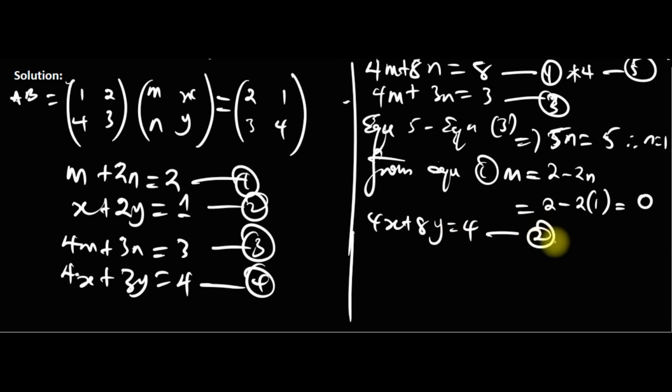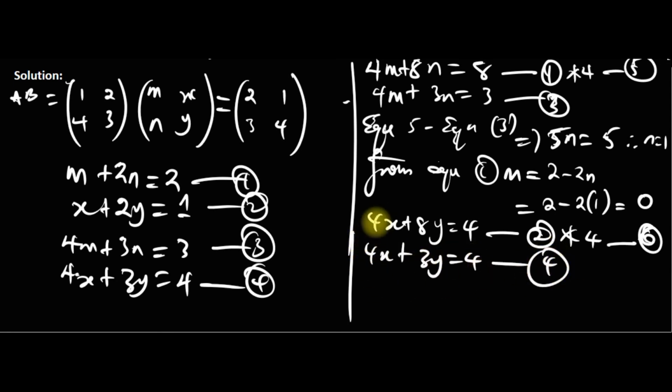Equation 2 times 4, we call it equation 6. So I'm solving equation 6 and equation 4 simultaneously by elimination, equation 6 minus equation 4.